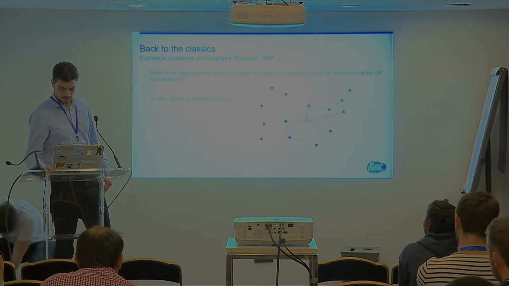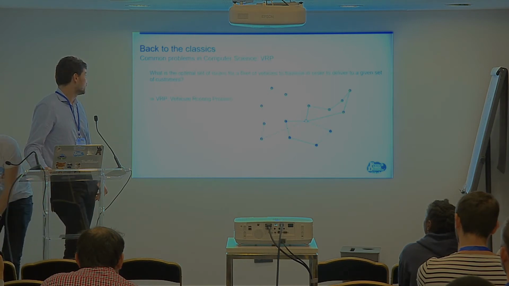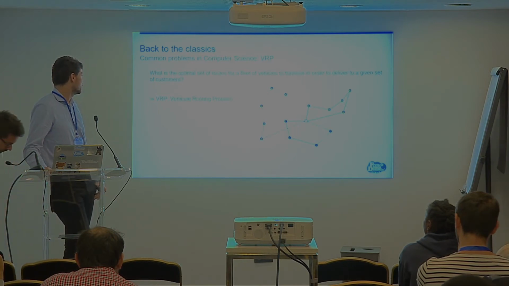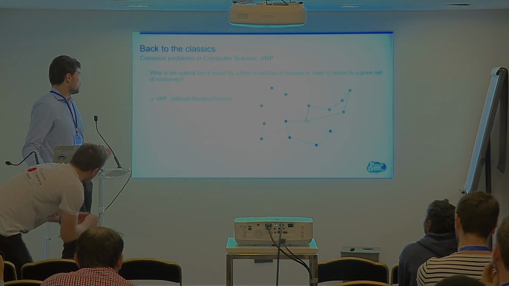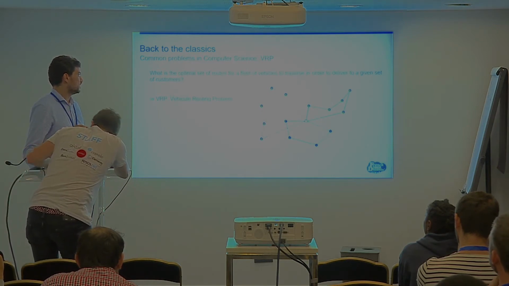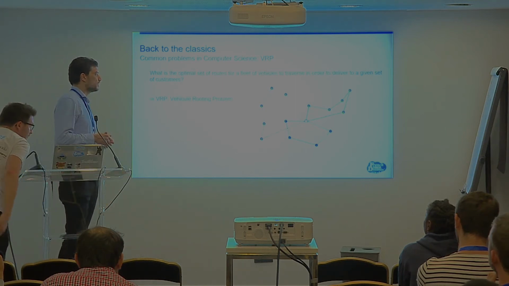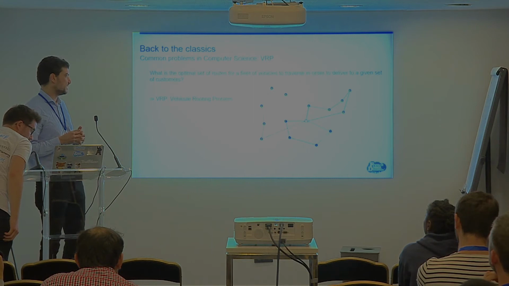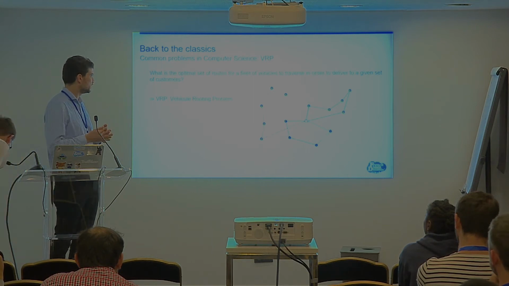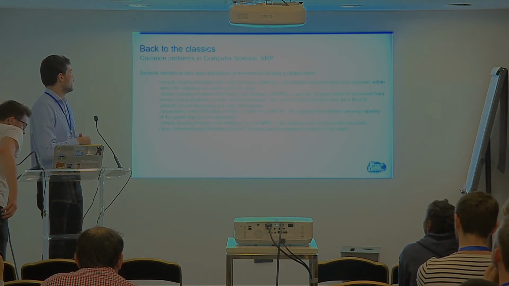Another classic computer science problem is the VRP, the vehicle routing problem, defined by asking this question: what is the optimal set of routes for a fleet of vehicles to traverse in order to deliver to a given set of customers? So VRP is a kind of multiple traveling salesmen problem, which means we have multiple traveling salesmen, and we need to find the most optimal route.